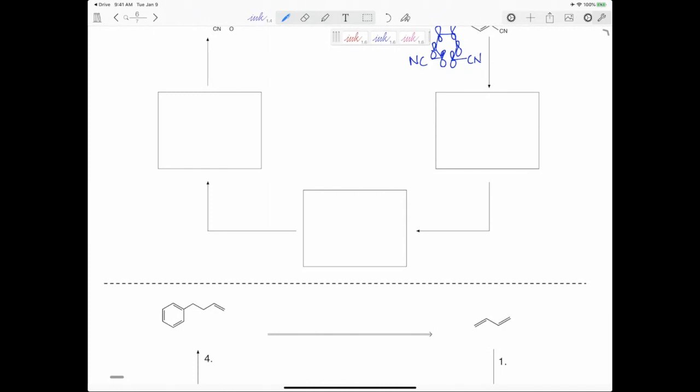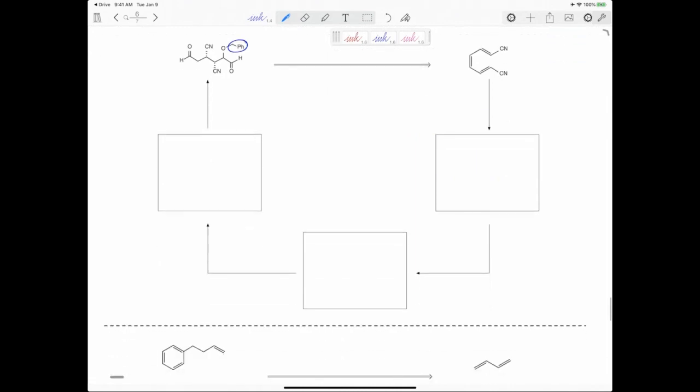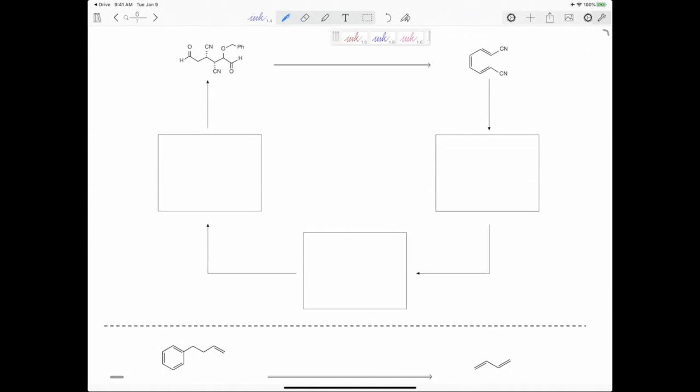No, I think it's easy to go backwards so we can figure out what kind of configuration we're going to use here. Okay, let me work backwards. We know that this is an ether, so ethers come out from what reaction? We're going to say ether synthesis. Great, so we need an alcohol in the previous step.